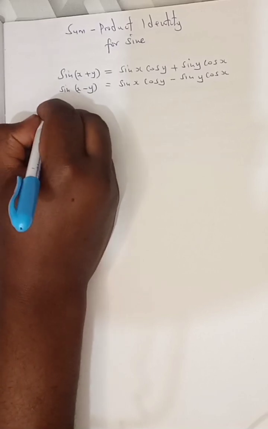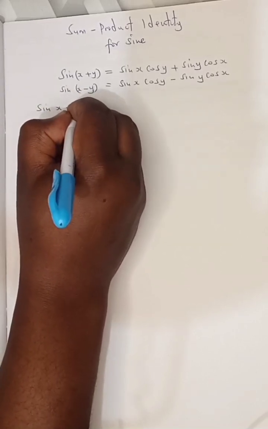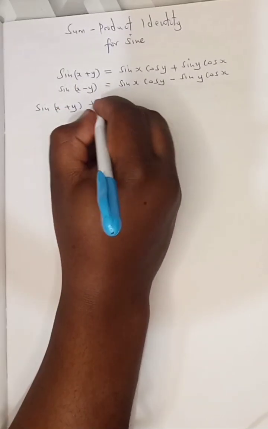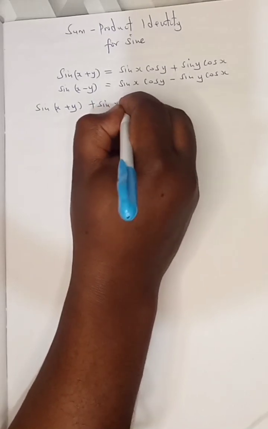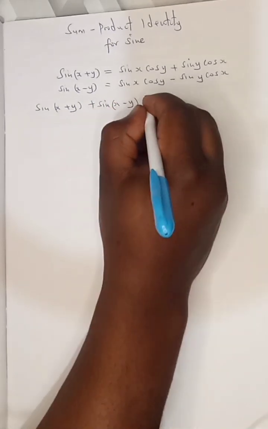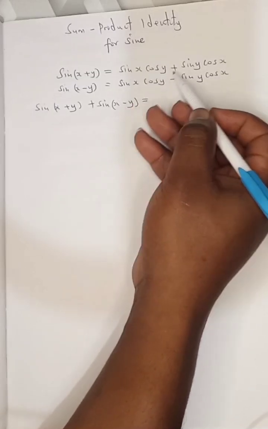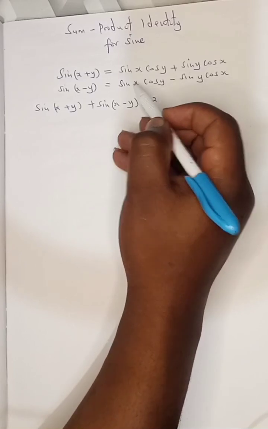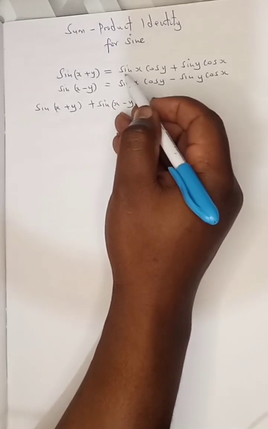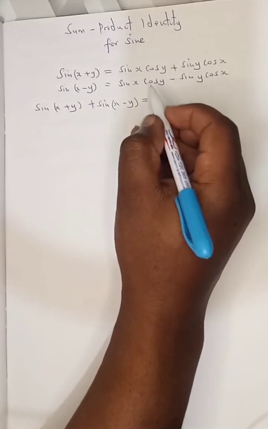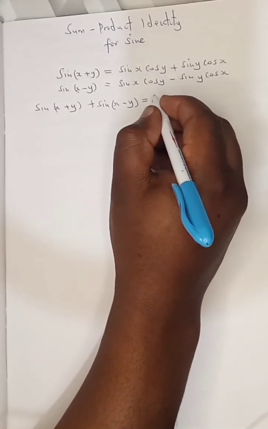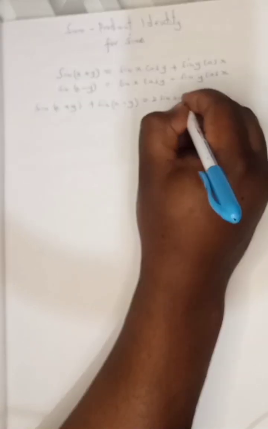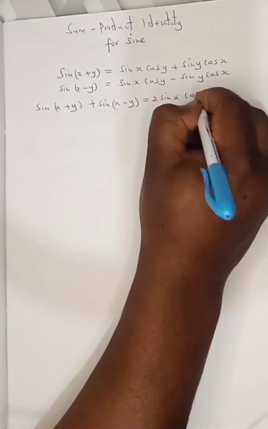So we have sine of x plus y plus sine of x minus y, because we are adding this and this, equal to this plus this, which is going to give us 2 sine of x cosine of y.